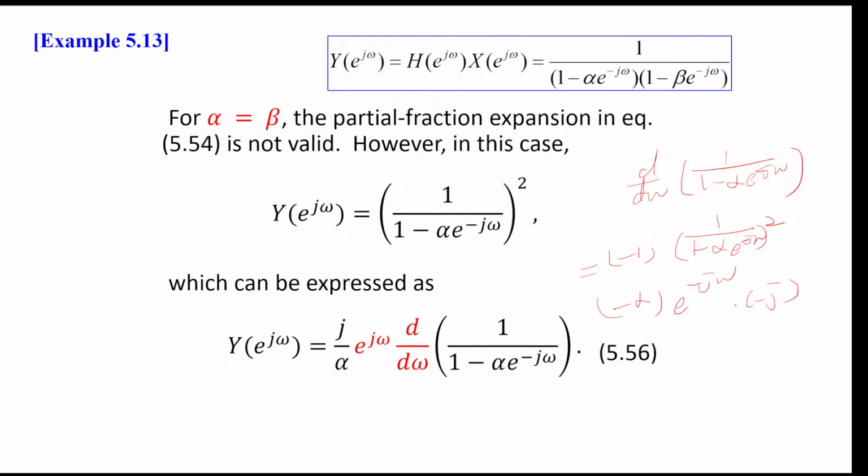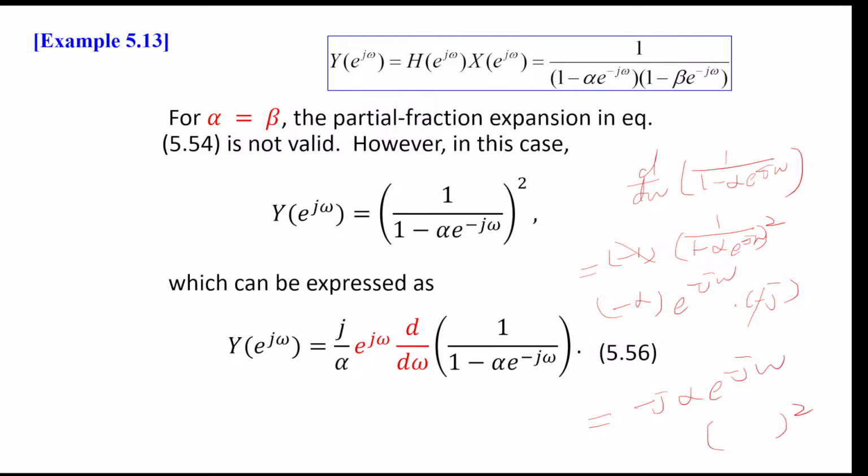Okay, and so if we cancel everything, this minus 1 cancels with this minus 1, and so this thing equals minus j alpha e to the minus j omega, and those things squared.